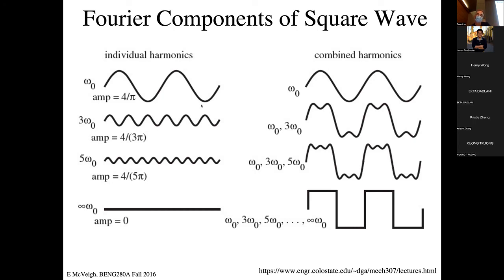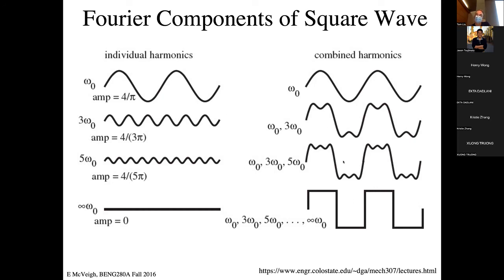Another way to look at this is that I can create this function by summing up these functions. So I sum up a simple harmonic that's at the primary frequency, and then another one that's at 3 omega, and another one at 5 omega, etc., with a specific pattern of decreasing amplitude at these higher frequencies. And as I do those sums, when I sum in this one, it looks like this, it gets closer.